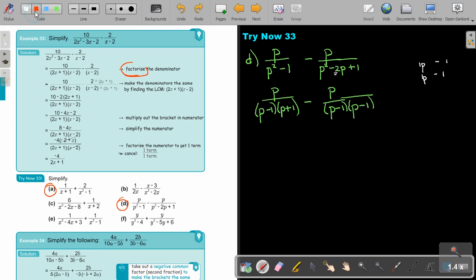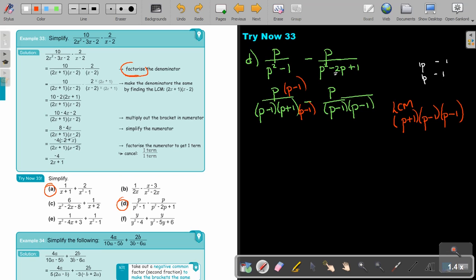So look, your LCM will be p plus 1, and then 2 times p minus 1, p minus 1. Because your whole idea is that the 2 denominators must become the same. And because there's already a double, that means there must also be a double. So with what will I multiply here? Just with a p minus 1, because the rest is there.